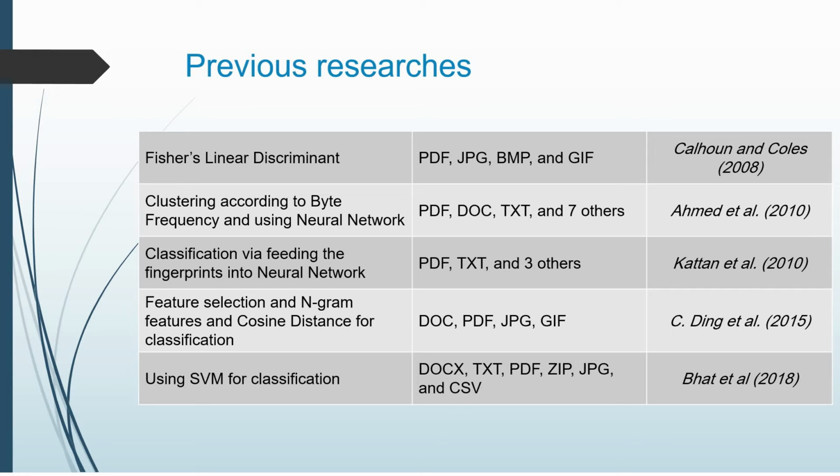They obtained a centroid, a model from BFD and ROC, and then they used a distance metric to determine the file format. For example, you can see some of the researchers; I'm not boring you with the details.